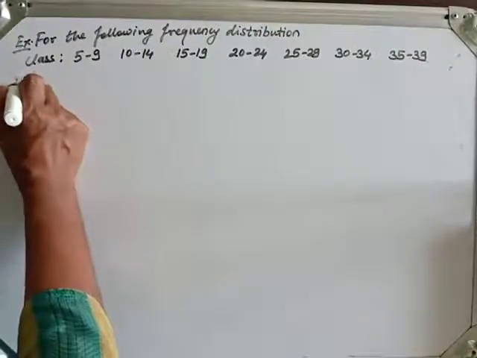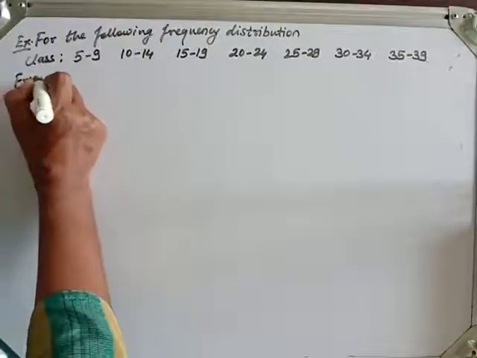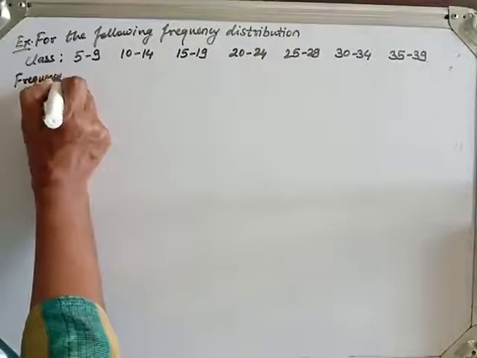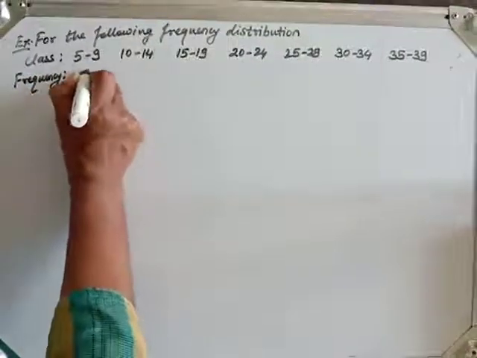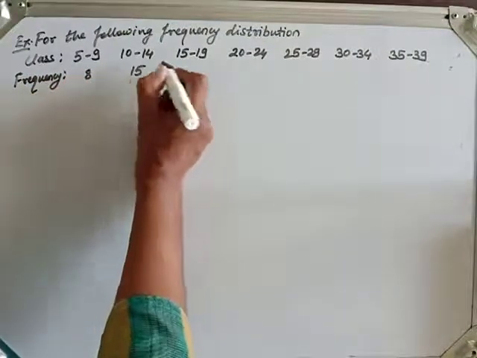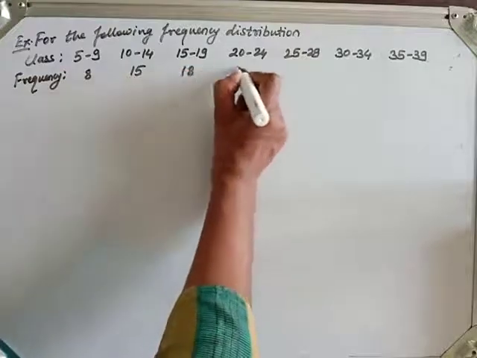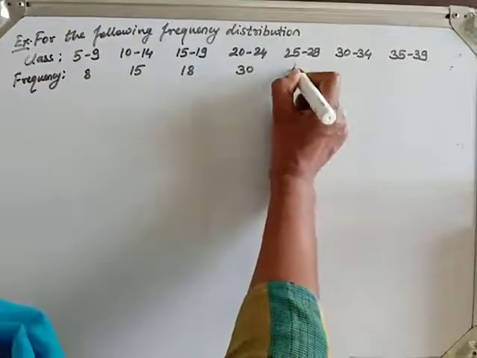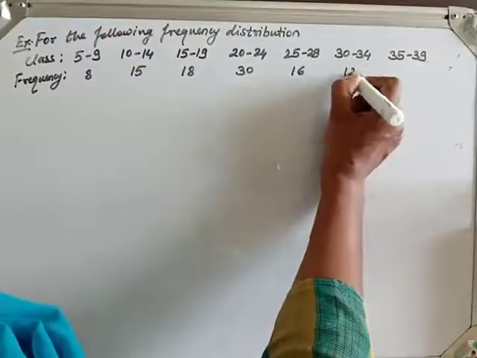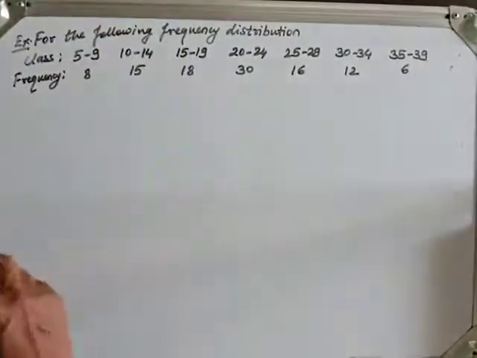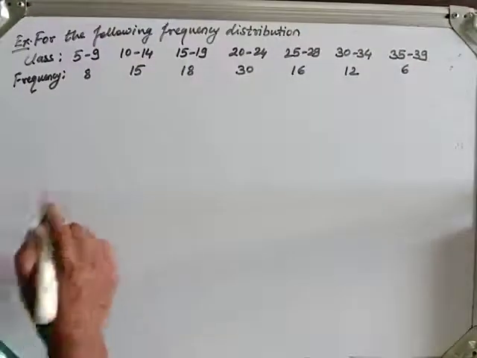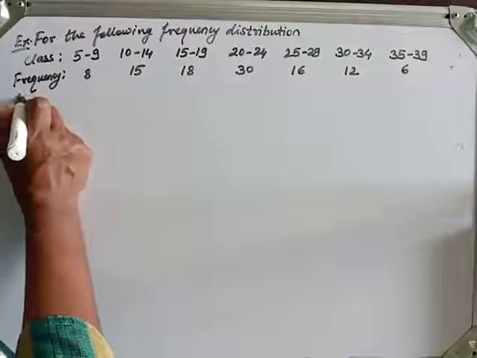And the frequency is 8, 15, 18, 30, 16, 12 and 6. So let us draw the histogram first.